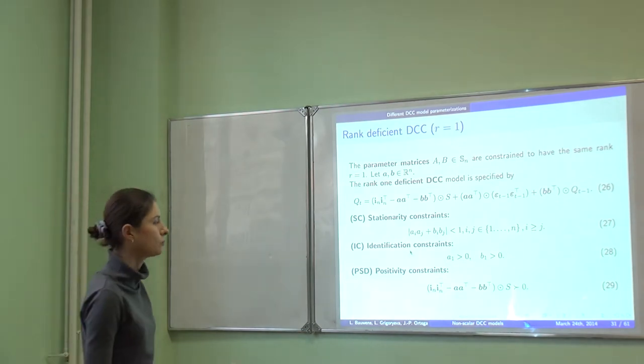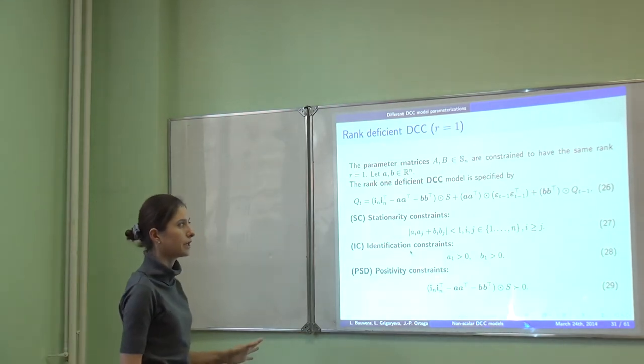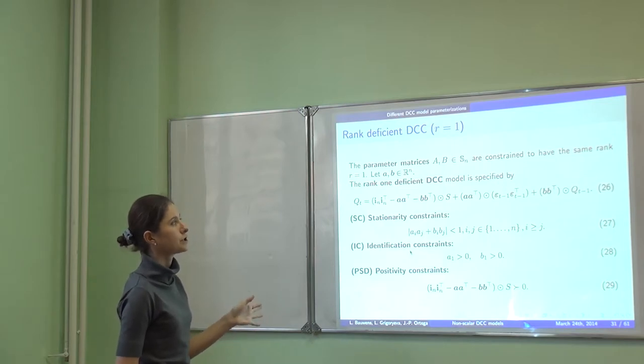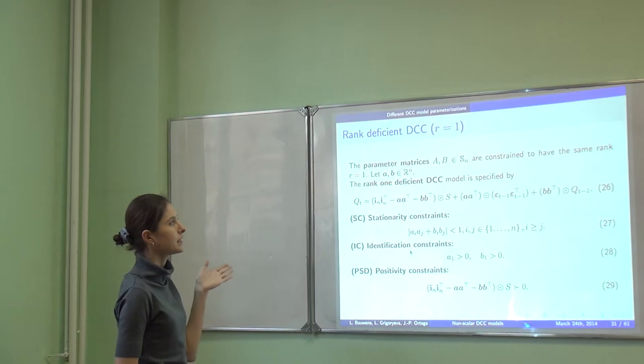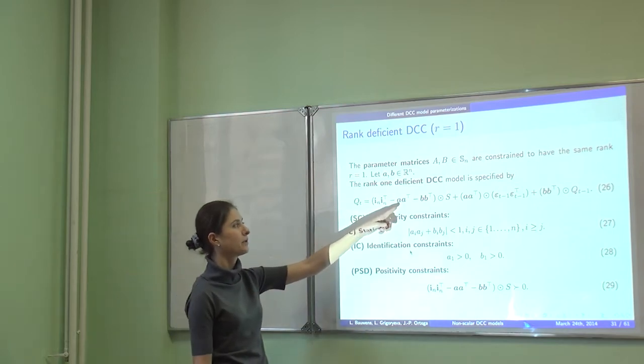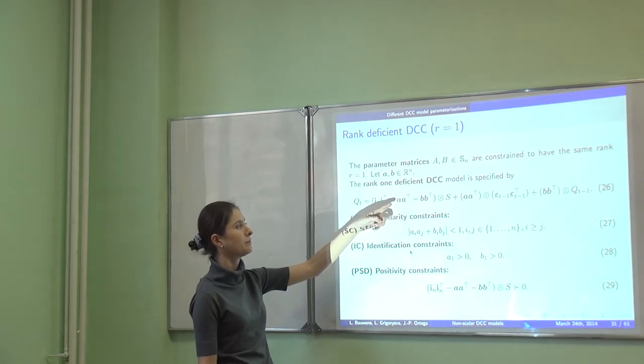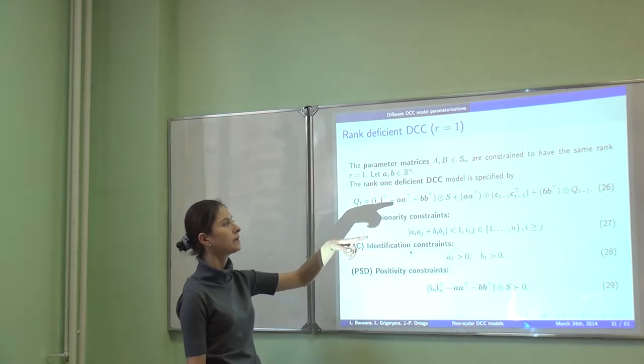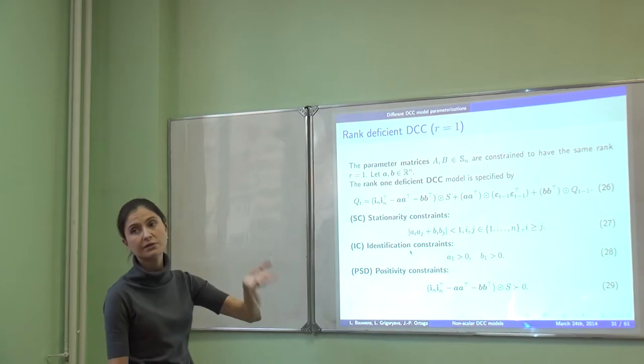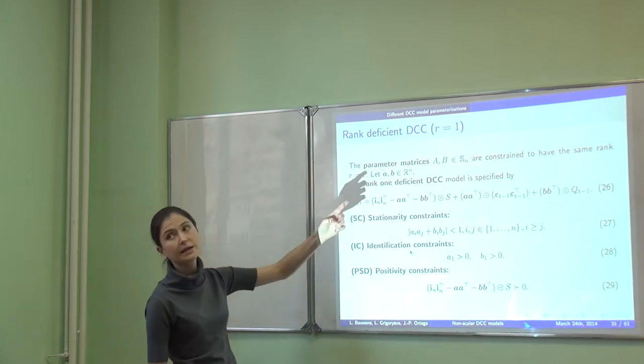Another group that we are also using in our paper is the so-called rank deficient. In this case, we assume that our parameter matrices A and B are rank deficient with a prescribed rank. We assume that the rank is common for both.